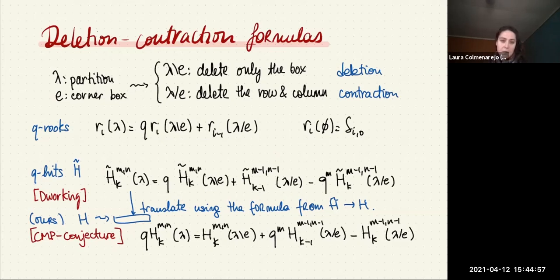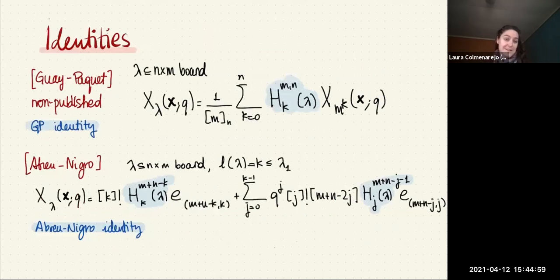But what was our initial goal in the paper was that actually White-Paquette has a non-trivial identity involving Q-hit numbers. So what we are doing here, we're considering a partition inside a board, and I'm looking at the graph associated to the partition.